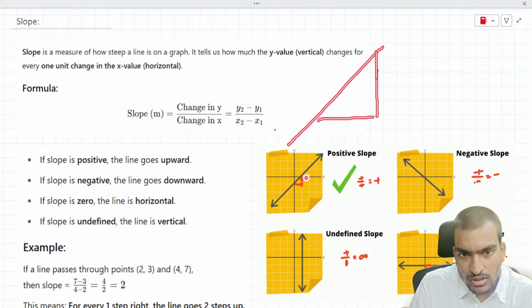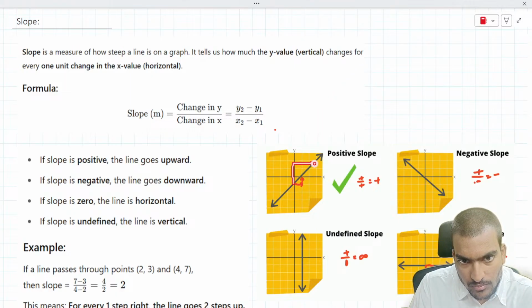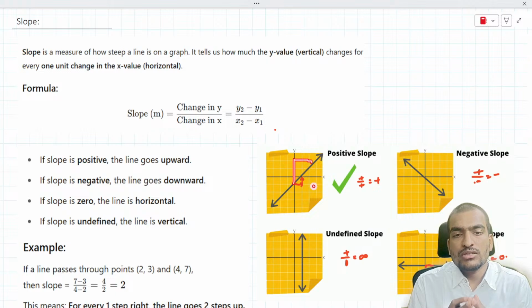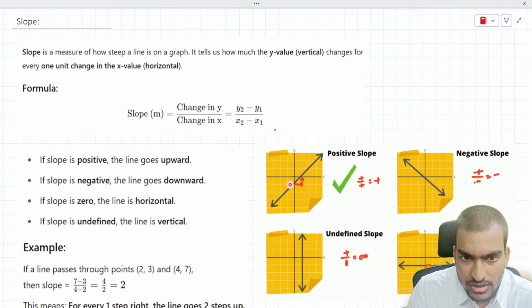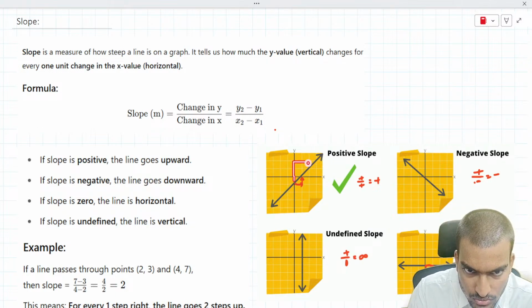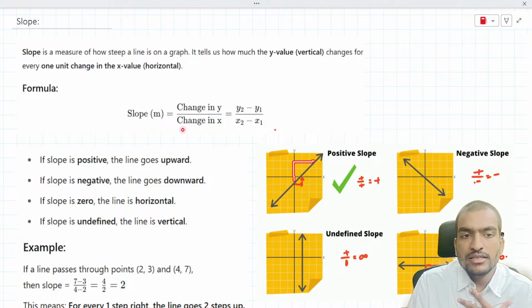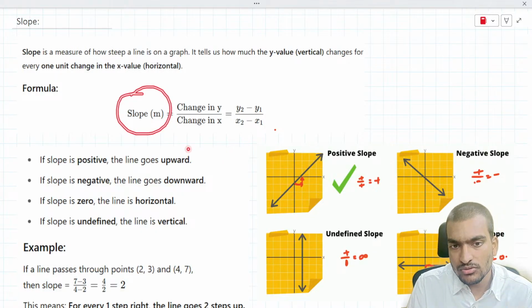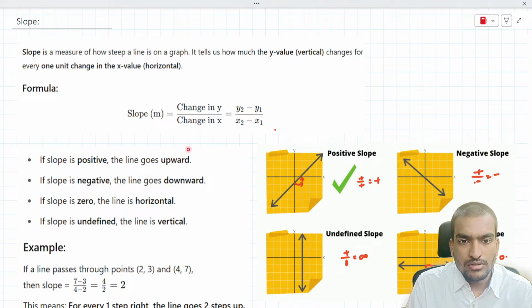That's what we do: change in y by change in x, like rise over run, will give us slope. How much there is a change in y relative to the change in x gives us the slope. This is the only way to find how steep the slope is.